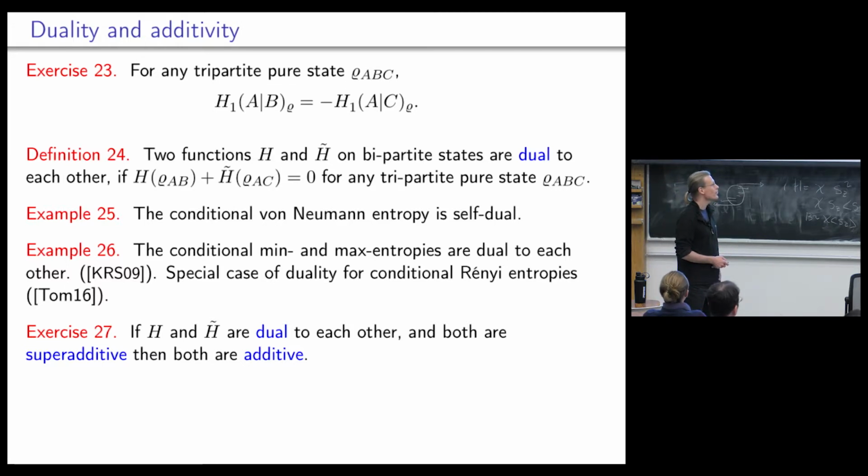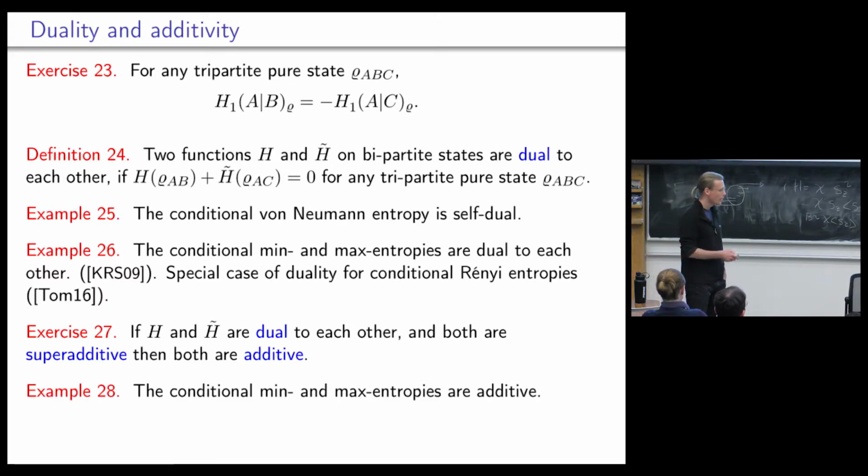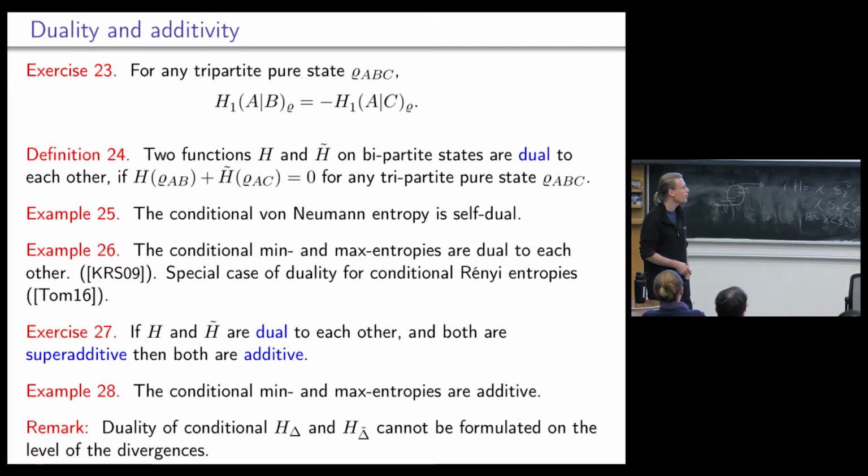Again, this is for you to verify that if we have two such functions that are dual to each other and both of them are superadditive, then actually both of them are additive. Okay, so this is one way to derive additivity of conditional entropies. Right? And based on these previous considerations, we can now prove that the conditional min and max entropies are also additive. For the conditional von Neumann entropy, of course, we can get it from these considerations, but it also follows from the definition in a straightforward way.